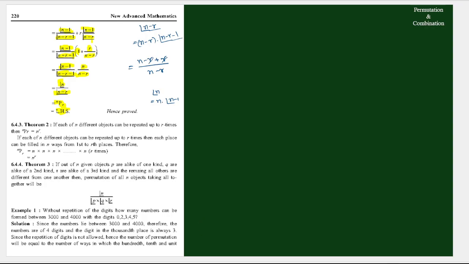Now shall we go to our theorem 2? Okay, if you have any doubt you ask me. You text me in the group. Now let's proceed to our theorem number 2.